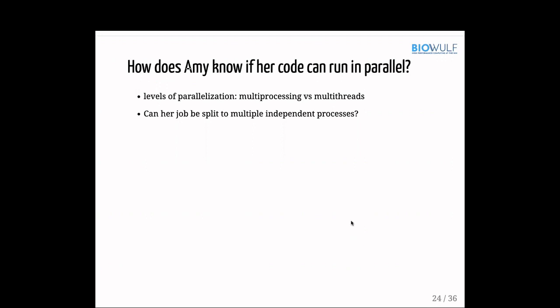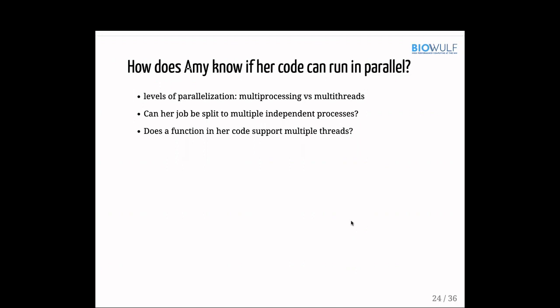If her job can be split into multiple independent processes, like if she's running a program to process data for each chromosome, they should be independent, right? Then that will be multiprocessing parallel.